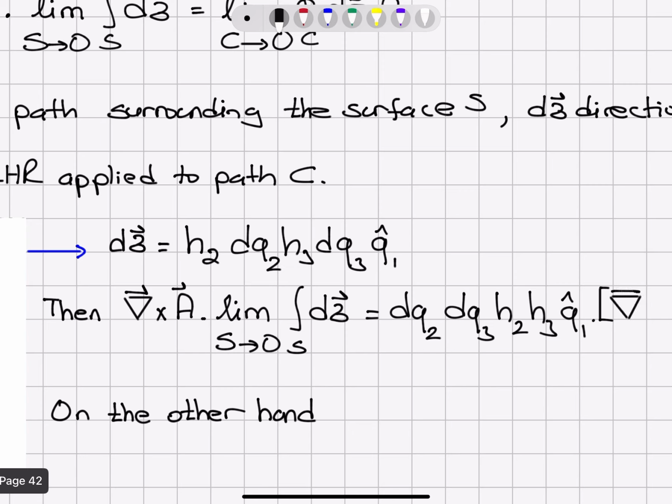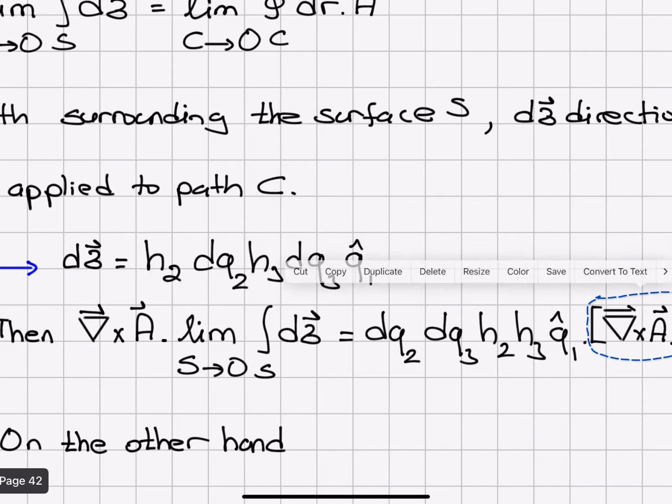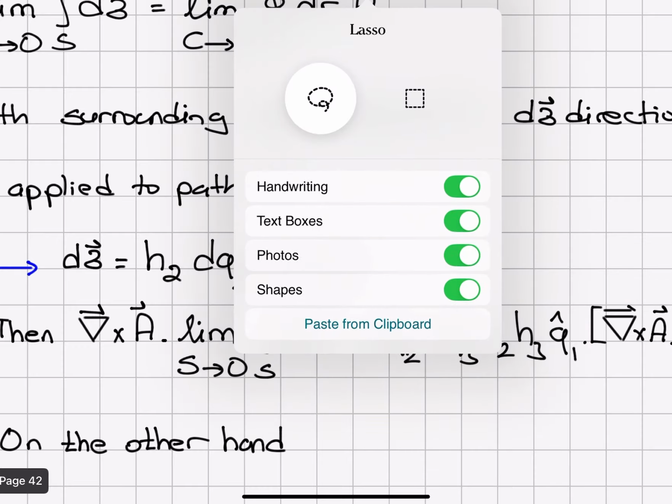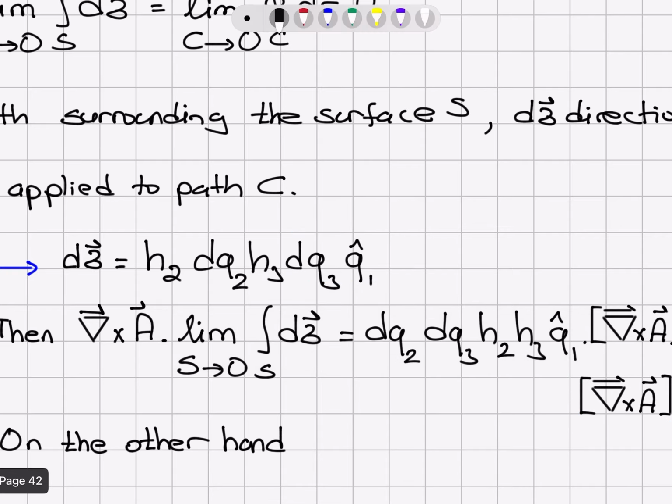So this will be curl A dot product with Q1 hat. So this will give me, in other words, curl A's Q1 component. So here I have curl A's Q1 component from the dot product.